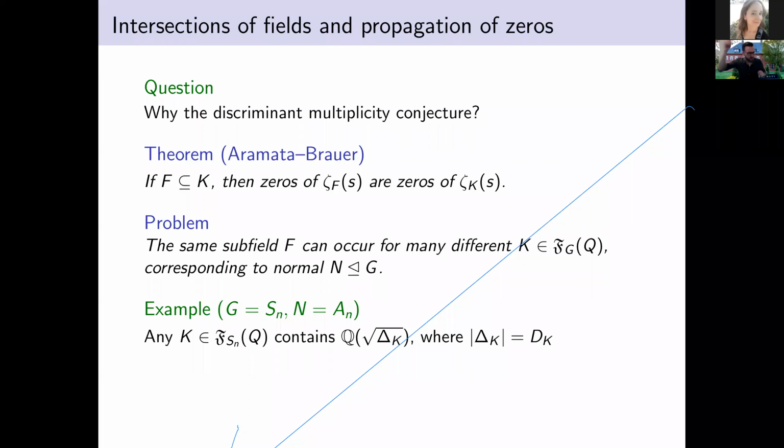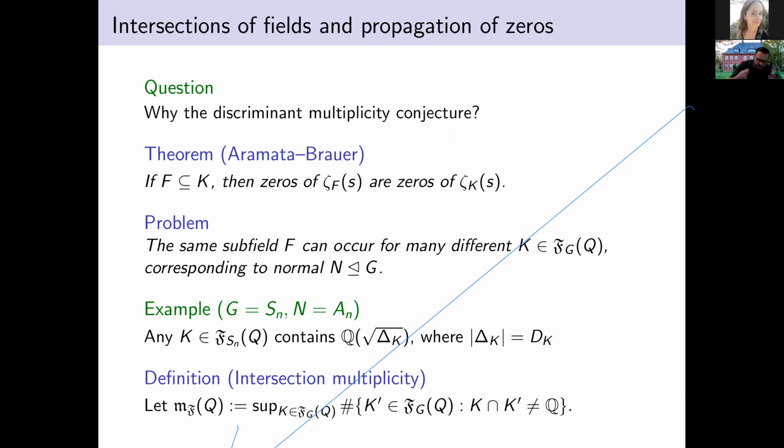Then the subfield corresponding to An is just the quadratic field Q adjoined the square root of the discriminant of K. And to account for the fact that this one subfield can arise for many different Sn extensions, we're going to define this so-called intersection multiplicity, which basically says, what is the maximum number of times, as you vary over fields in your family, that you can get some interesting intersection. So that's what this is.